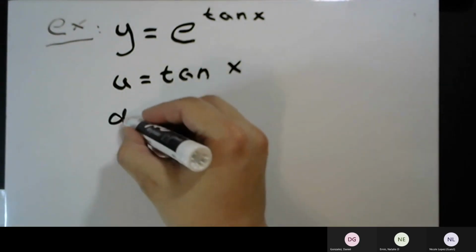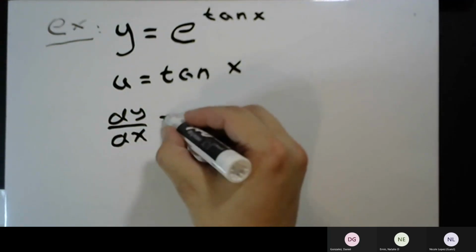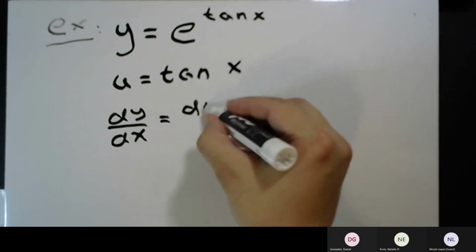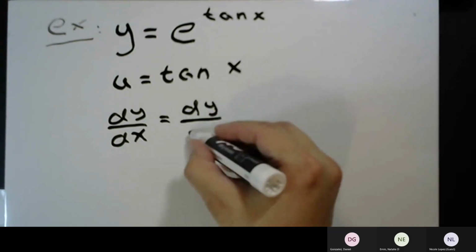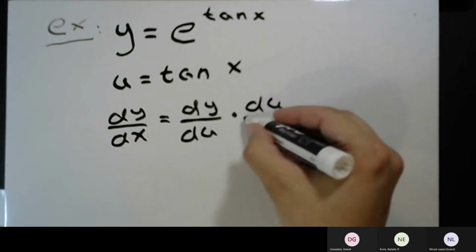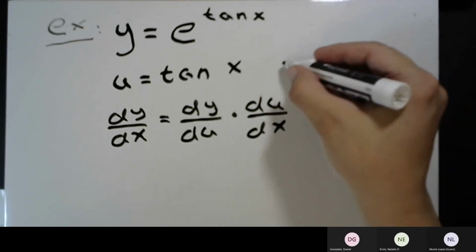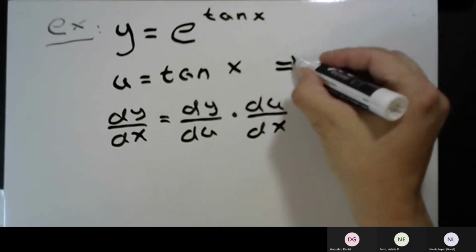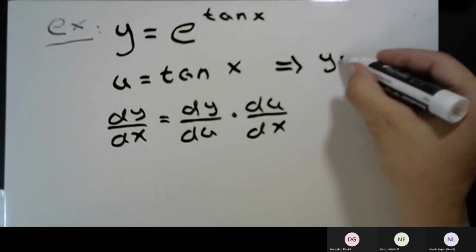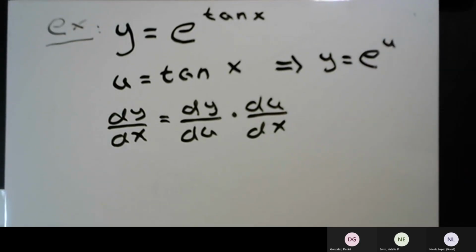So if we're going to take the derivative with respect to y and x, we need dy/du times du/dx. Well, in this case, since u is tangent x, this will imply that y is now e to the u.